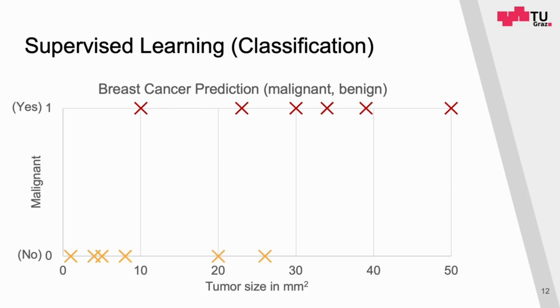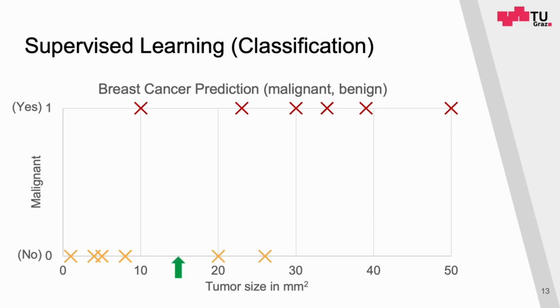So again, if we look at the data, you can see here on the x-axis we have the tumor size in square millimeters, and on the y-axis we have a binary value stating if the tumor is malignant, yes or no. So we have a binary output there. And in German, malignant means bösartig and benign means gutartig.